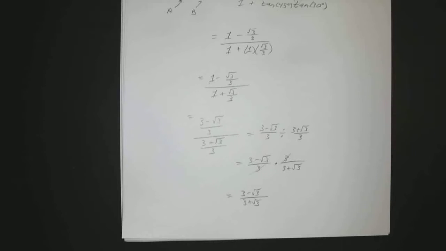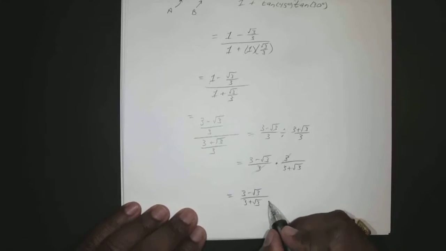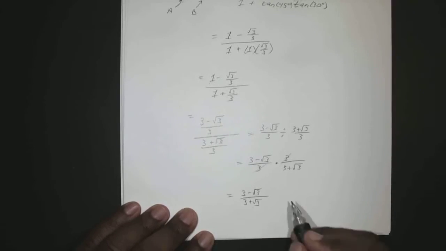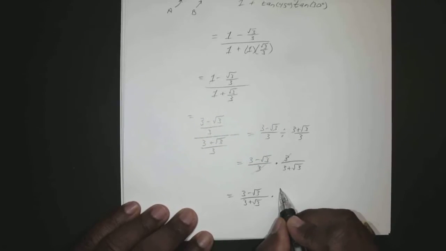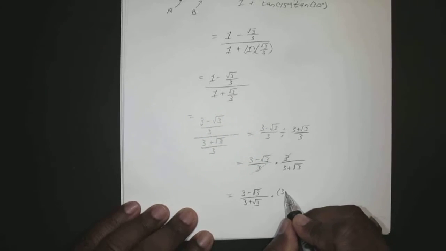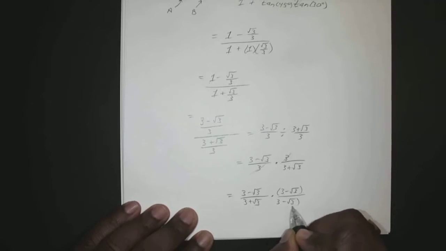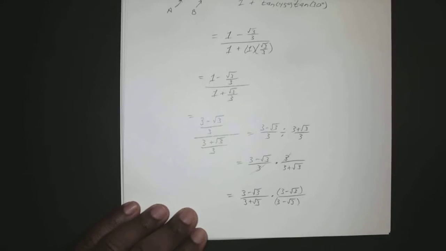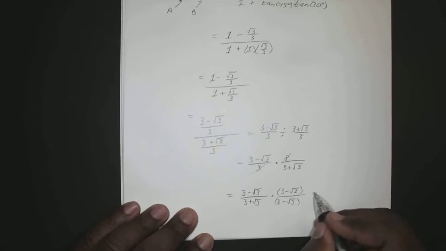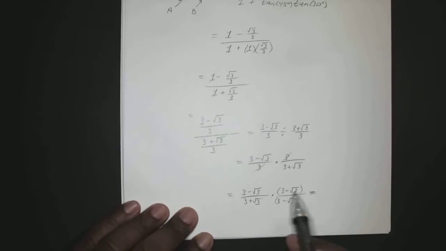Okay, now for this one, it kind of depends on the form that they want the answer to come in, because there are two separate ways you can do it. You can rationalize the denominator. If you have 3 minus square root of 3 over 3 minus square root of 3, and do the FOIL method for both, you have 3.